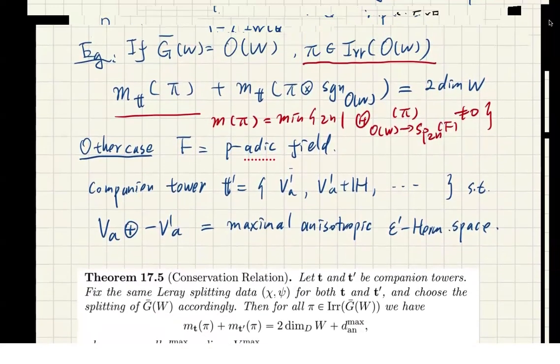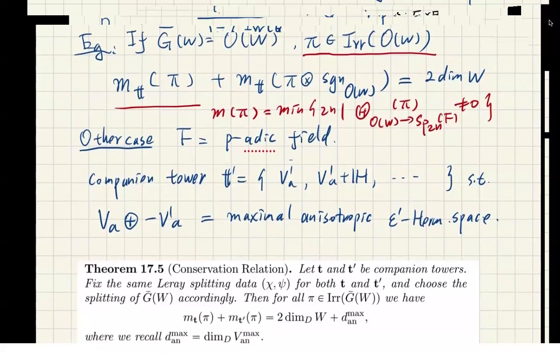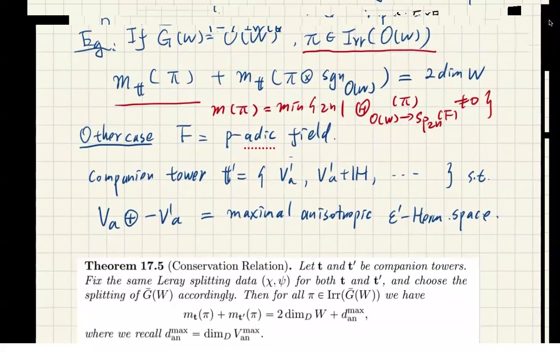There are other cases. For example, for the case where F is a p-adic field, for a Witt tower T you will have something called a companion Witt tower. This is a Witt tower with anisotropic kernel V prime A, satisfying a condition that looks weird at first sight.